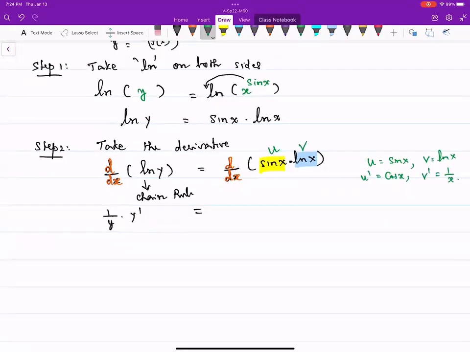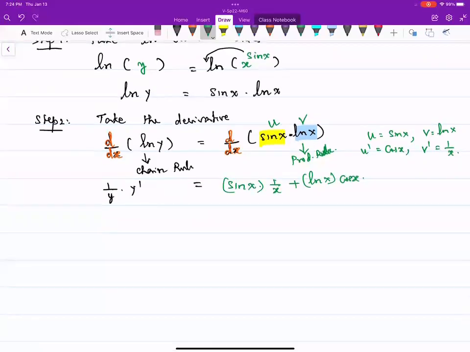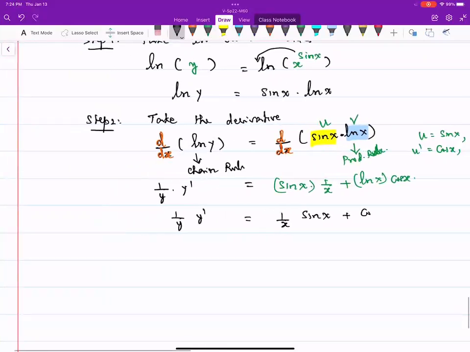So d by dx of uv, product rule for derivative: u v prime plus v u prime, sin x times 1 over x plus ln x times cosine x. All right, so we get 1 over y times y prime equal to 1 over x sin x plus cosine x times ln x.